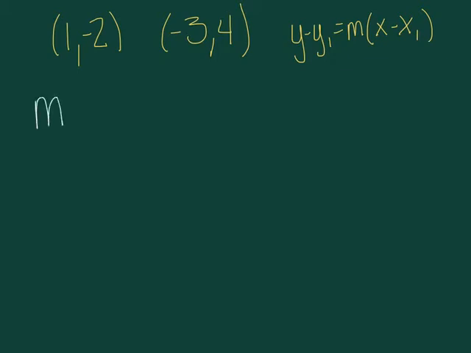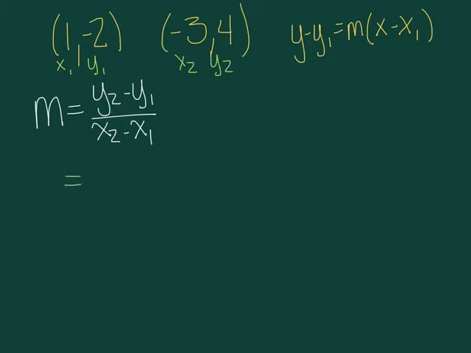So we know that we can find the slope by taking y2 minus y1 over x2 minus x1. And this first point would be our x1, y1. The second point would be our x2, y2. Let's go ahead and plug that information in. We have y2 minus y1, which is 4 minus a negative 2, over x2 minus x1, which is a negative 3 minus 1.